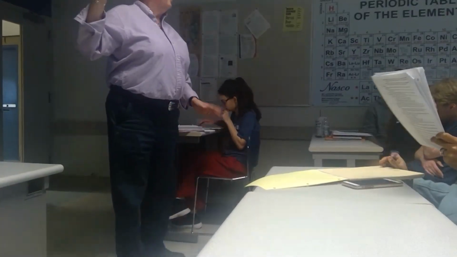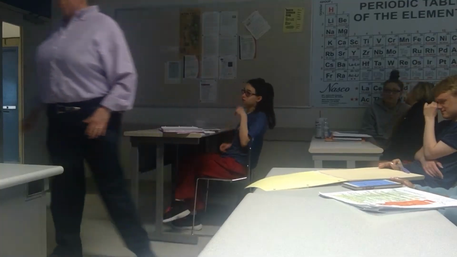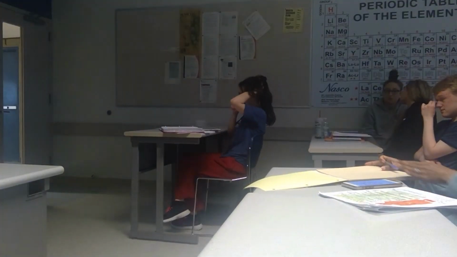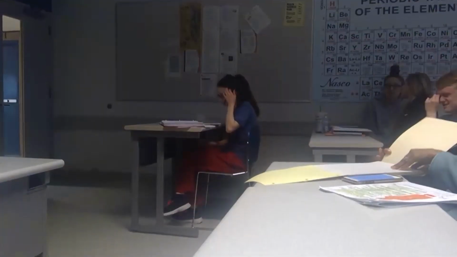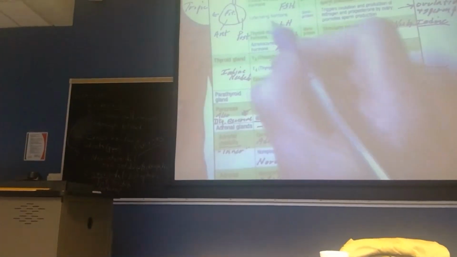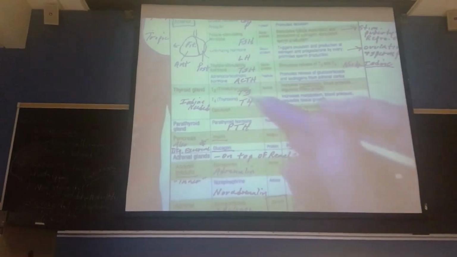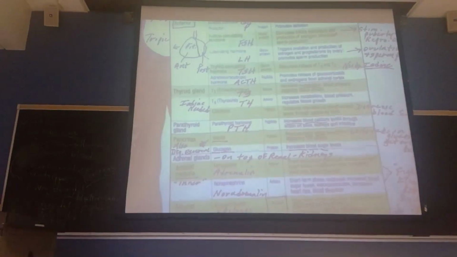Well, let's isolate now. The anterior pituitary releases hormones for a lot of different things, and reproduction is just one part. These two right here, FSH and LH, are reproductive hormones. The rest of the hormones are released when needed.